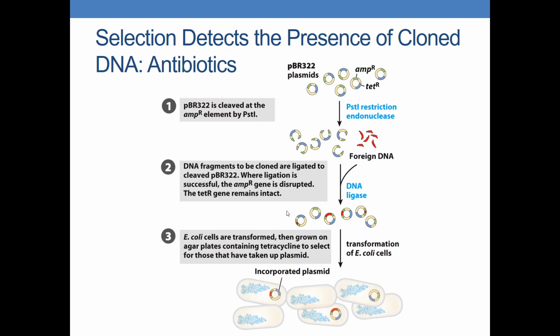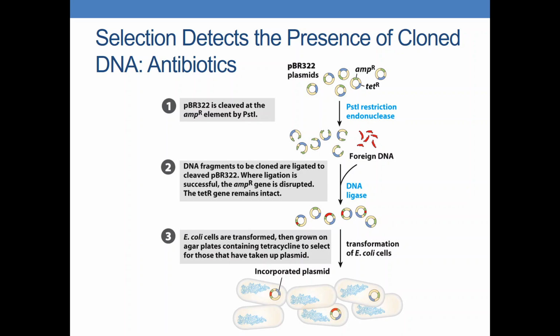So my mixture of ligated species in some cases may just have empty vector. That's what you see here. Maybe my DNA didn't ligate in or anneal in as it should have. In other cases, you might see weird cases where your DNA has been truncated. And you'll see here the only real case where the entire DNA went in is this example right here. So the point is that you have a mixture of different DNAs.